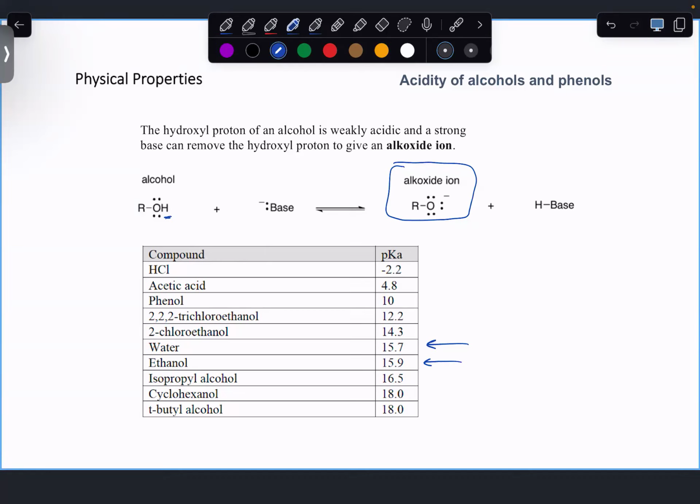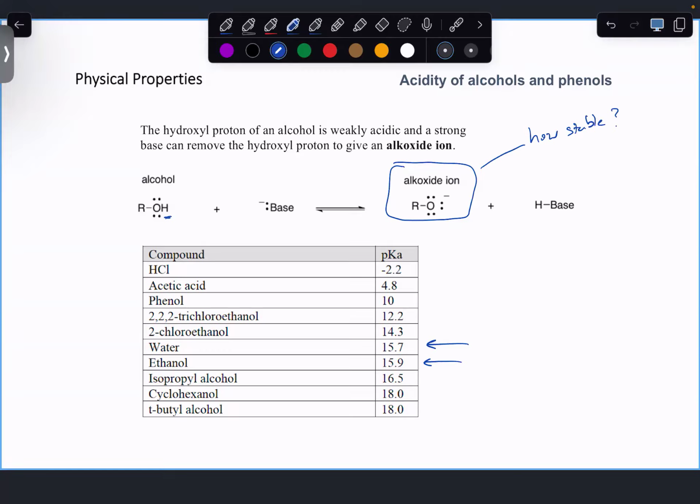Now, there are a couple of things that are going to affect the pKa of these alcohols. And one thing I always want you to keep in mind here is the real question: how stable is the conjugate base?